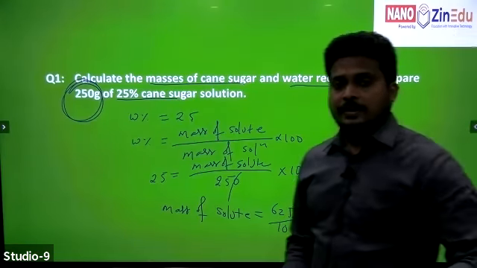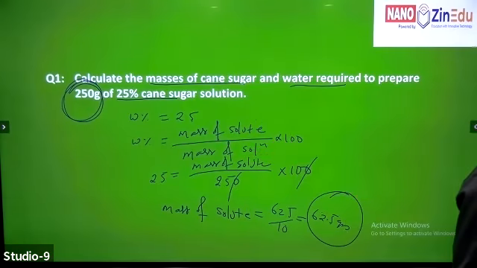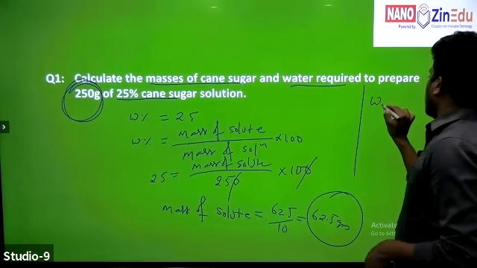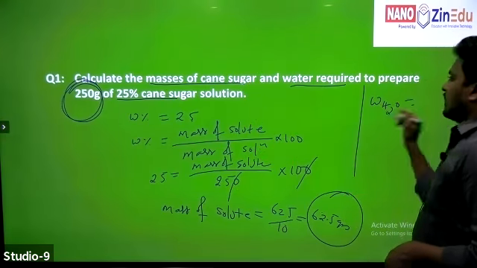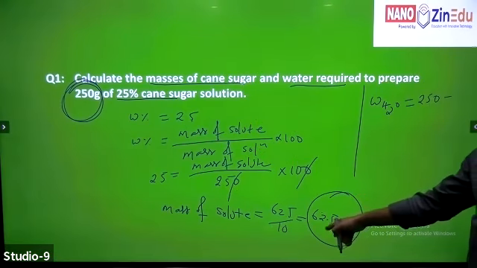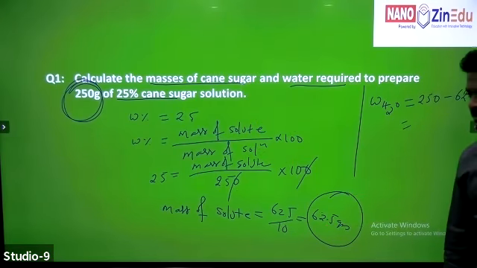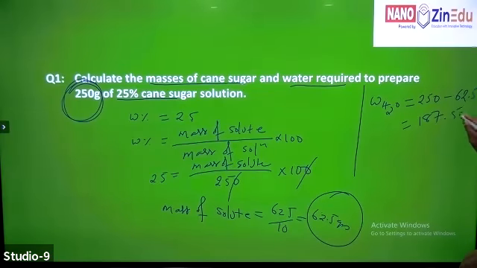What about the weight of water? Total weight is 250 grams minus 62.5 grams of solute. 250 minus 62.5 is 187.5. Yes, very good. 187.5 grams. Is this clear?